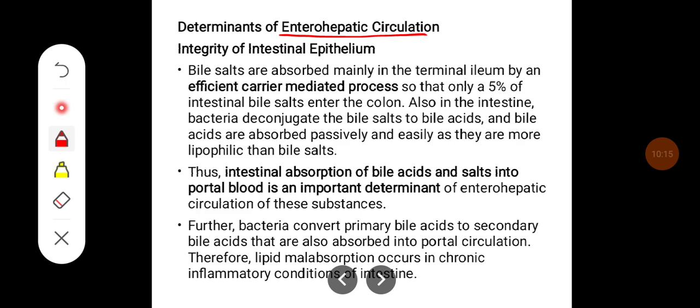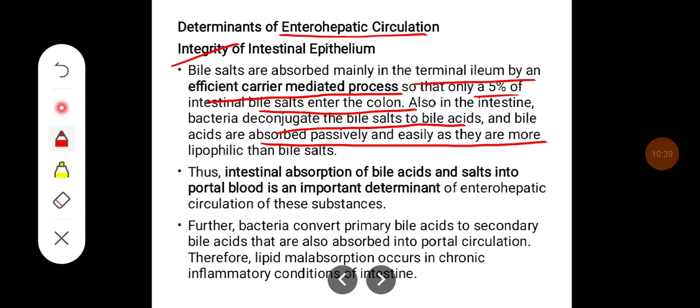Determinants of enterohepatic circulation: integrity of the intestinal epithelium. Bile salts are reabsorbed mainly in the terminal ileum by an efficient carrier mediated process, so that only 5% of the intestinal bile salts enter the colon. Also, in the intestine, bacteria deconjugate the bile salts to bile acids, and bile acids are absorbed passively and easily as they are more lipophilic than the bile salts.